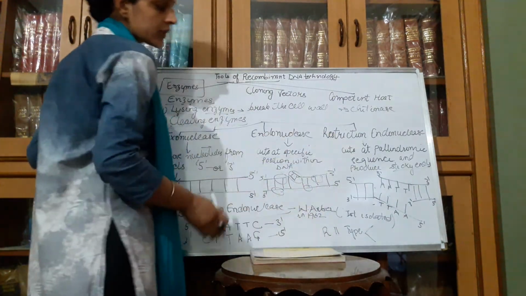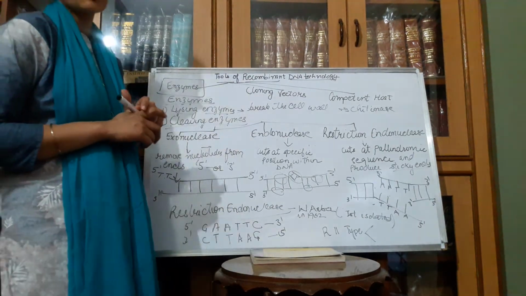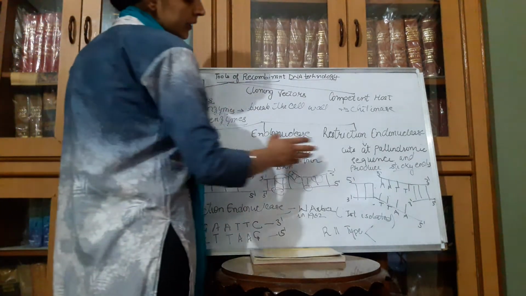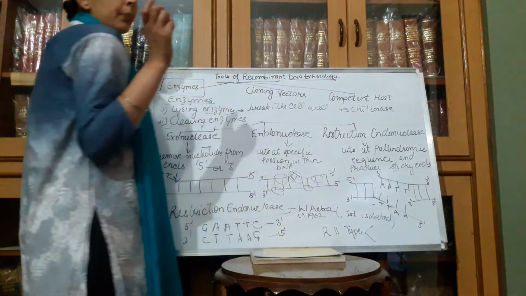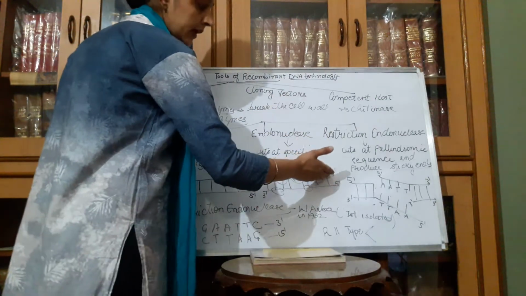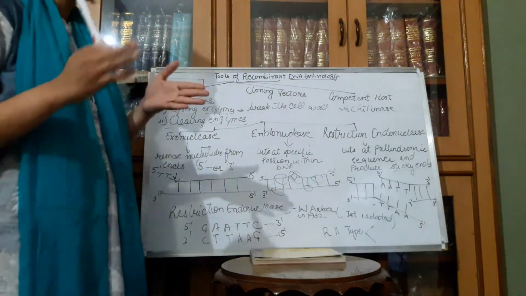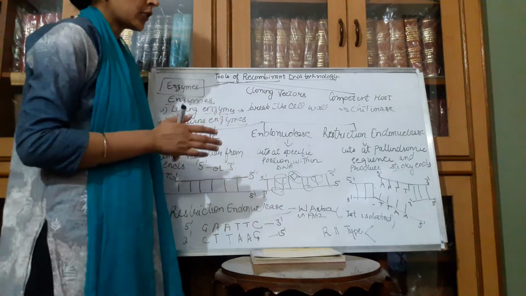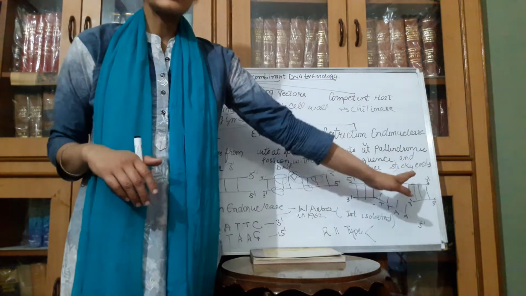The restriction endonuclease enzyme is an important enzyme in biotechnology, and it is used to cut the DNA strand at a particular sequence. It recognizes the palindromic sequence, cuts the DNA strand at that palindromic sequence, and produces sticky ends.